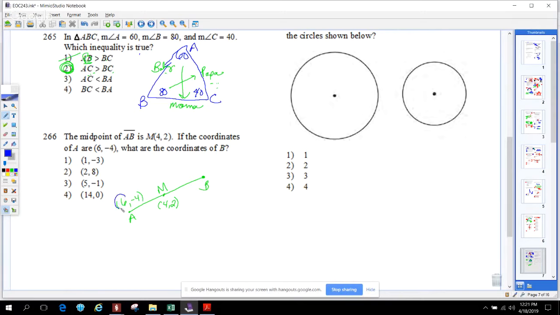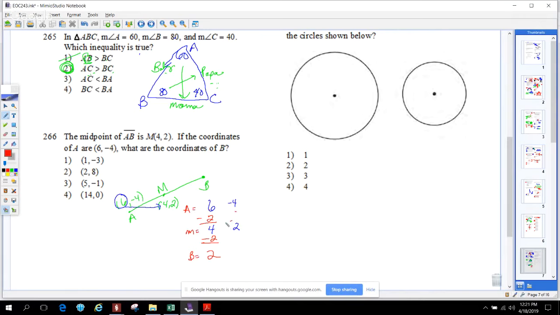If we're at positive 6 and we have to get to 4, what did we do? Subtract 2. So that gets us to our midpoint, subtracting 2. If we subtract 2 more, that's going to give us our B value. Here's our A, here's our midpoint, here's our B.